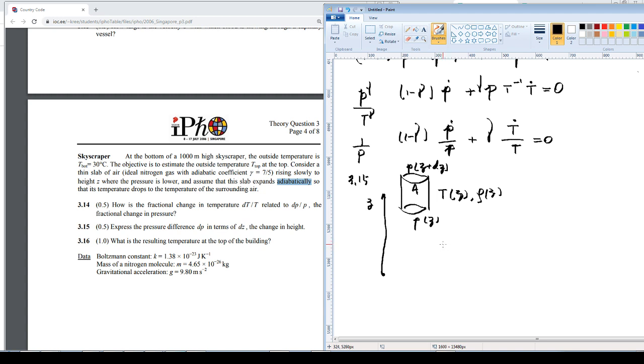So the stability of the air, because the slab of air rises slowly, that implies the air is very stable, in equilibrium. Therefore, P(z)A minus P(z+dz)A must equal rho A dz g.